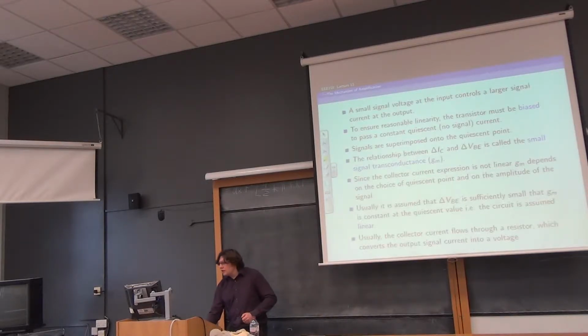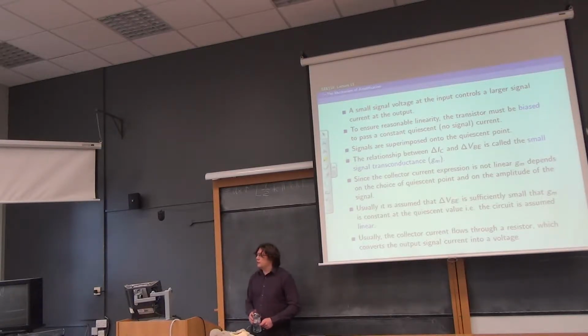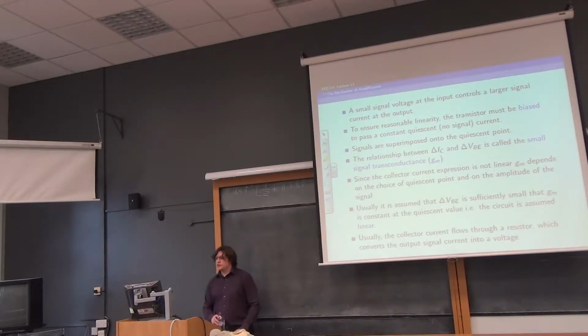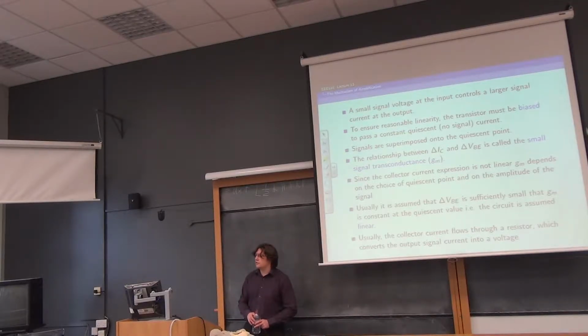Nope, okay. So this slide basically says what I just had. A small signal voltage at the input controls a larger signal current at the output. And to ensure a reasonable linearity, the transistor must be biased to pass a constant, quiescent, no signal current.